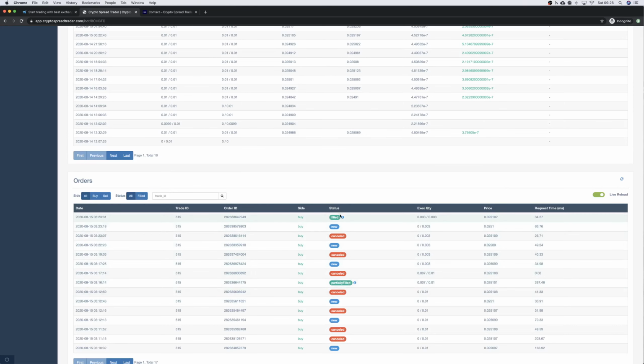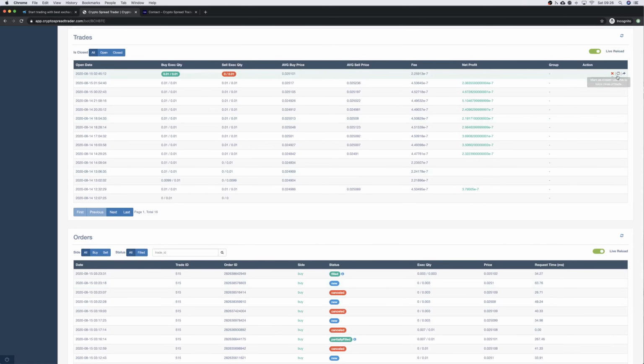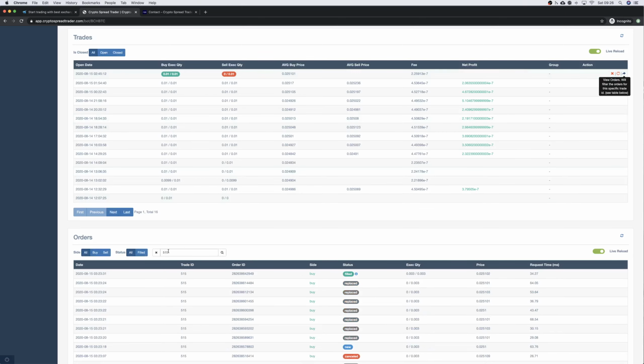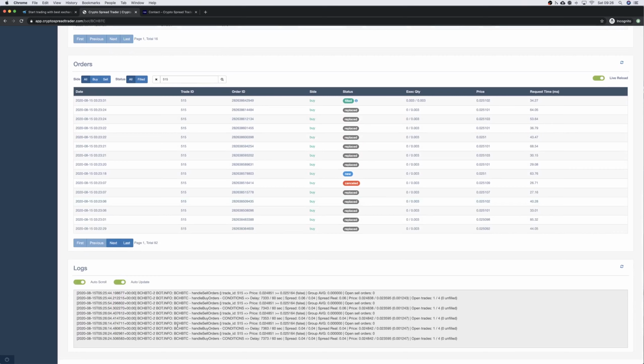We don't display all the order replacements by default. If you want to see all the orders linked to a trade, you just click here, and it will set the ID here and automatically show all the orders. So we can see all the replaced buys. And here you have the logs that are updated regularly.